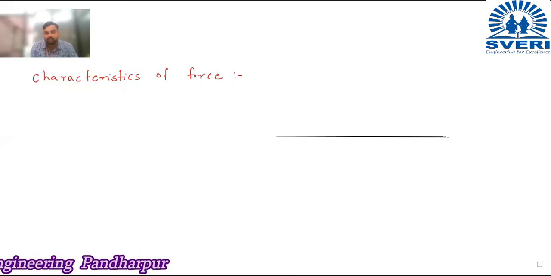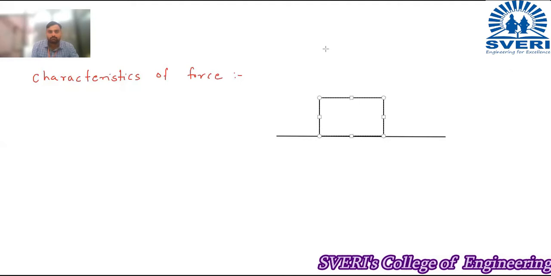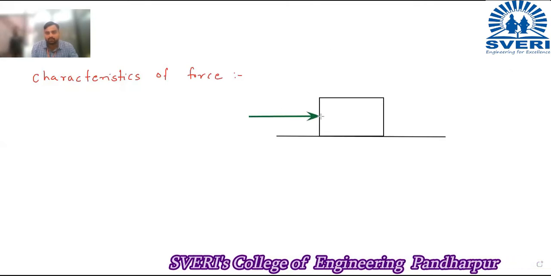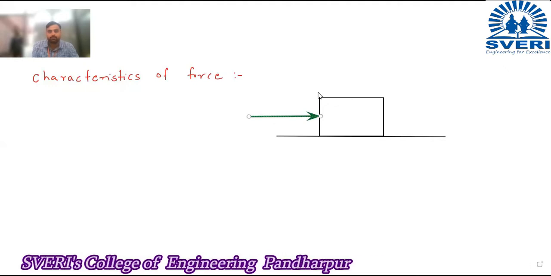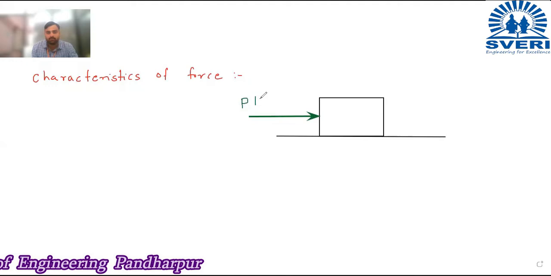This is the surface, and on this surface a block is kept. Now on this block, a force is acting like this. Let us assume that this force is P kilonewton.